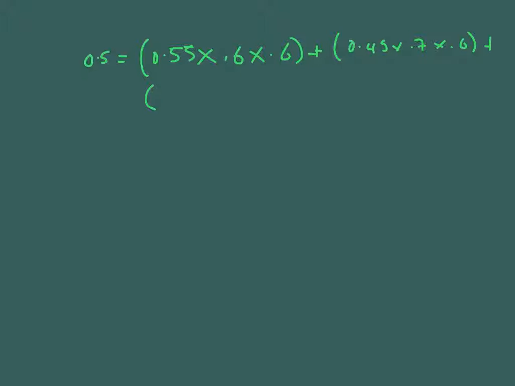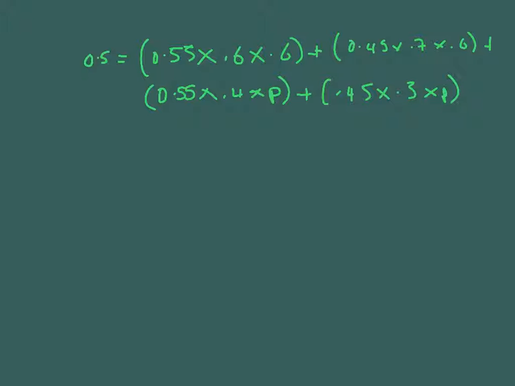So 0.55 times 0.4 times P, because we don't know what, and that could be any letter, plus, and then we do the females, 0.45 times 0.3 times P.